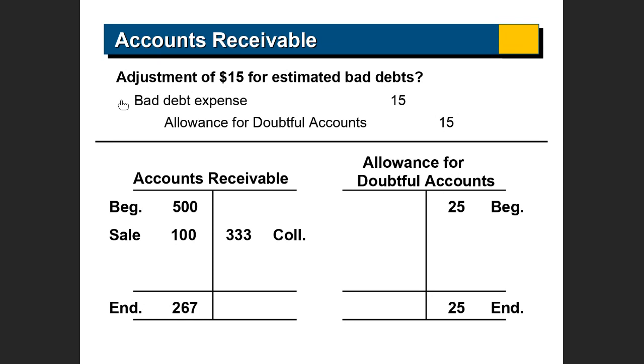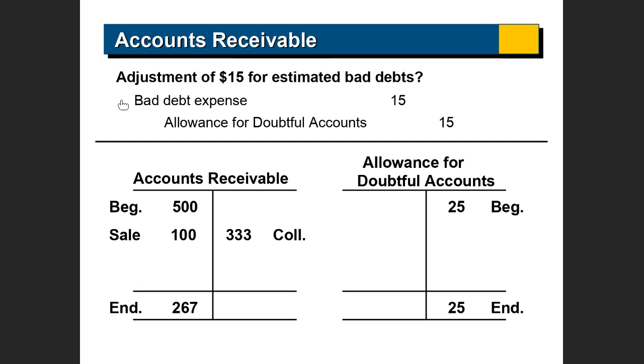You don't have to identify which customer. You just identify that out of 267, about $15 we don't collect. Okay? This is usually done based on a percentage calculation, industry norm, past history, all of these things. So you have some experience that your company will not collect $15.